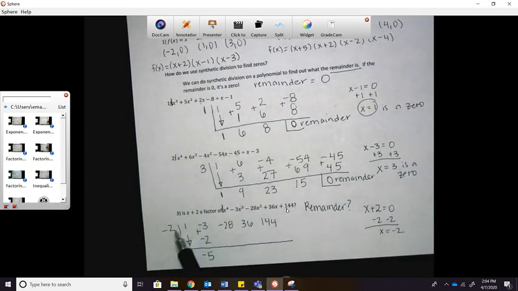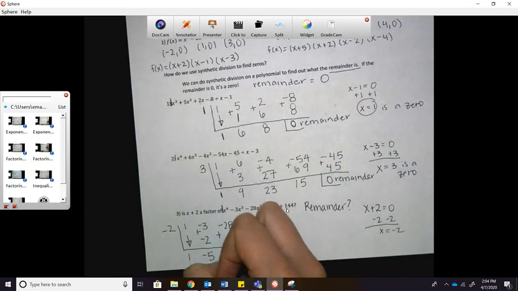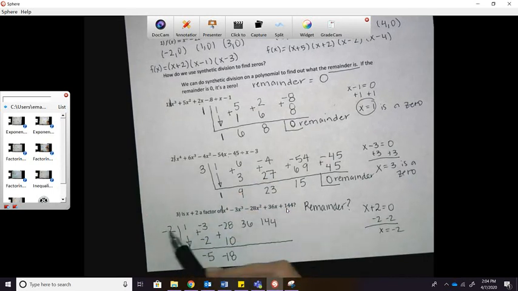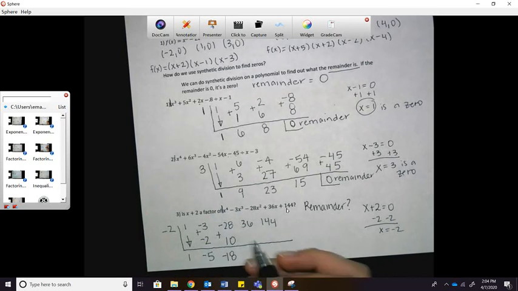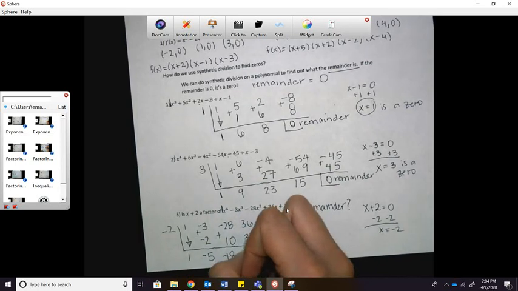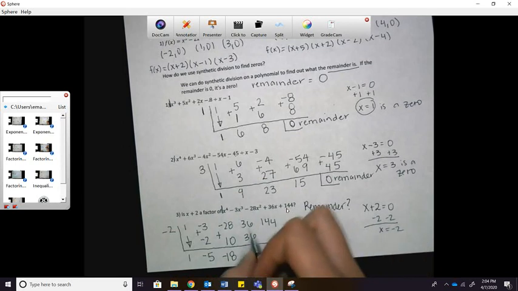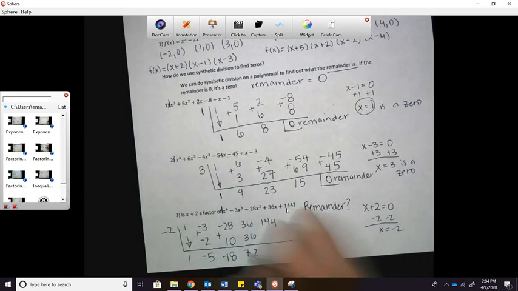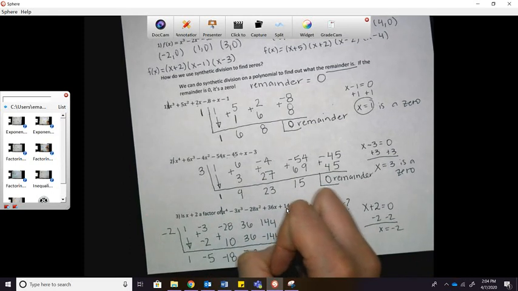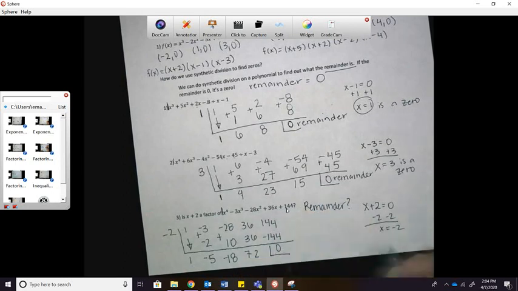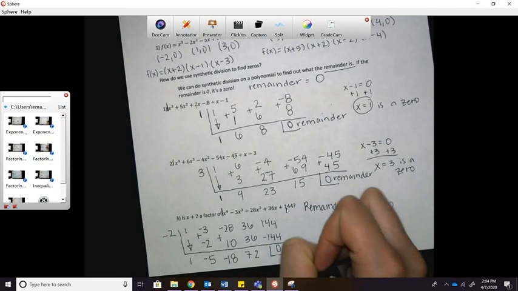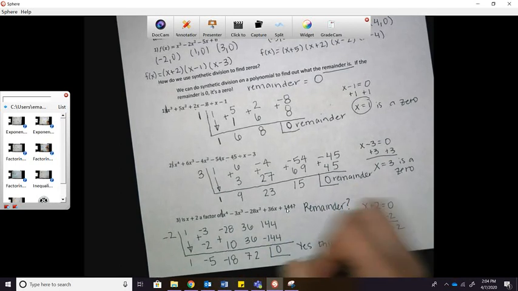I'm going to multiply, careful, negative times a negative makes a positive. I'm going to add, multiply, so a negative times a negative again makes a positive. Be careful, that's not 0. 72. Multiply. And I do end up with a remainder of 0, which means yes, this is a factor.